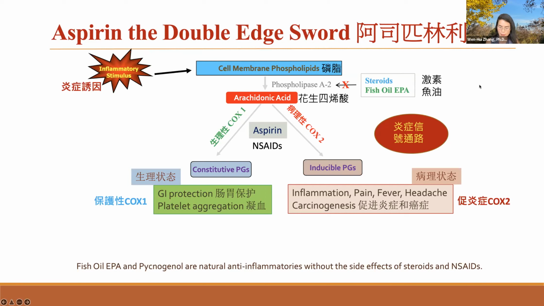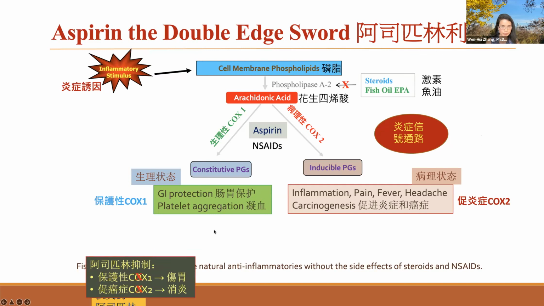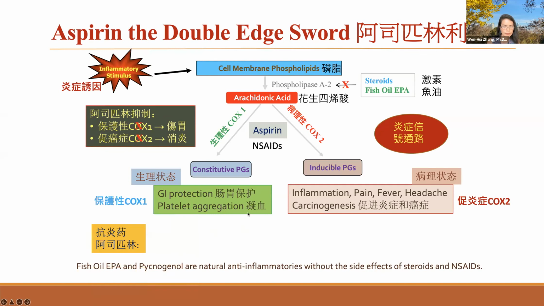So aspirin is a double-edged sword. It could help to control pain, like when people have stomach pain or abdominal pain, but aspirin will also inhibit factors with gastrointestinal protection effect.